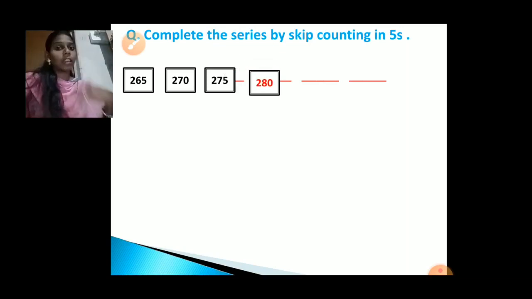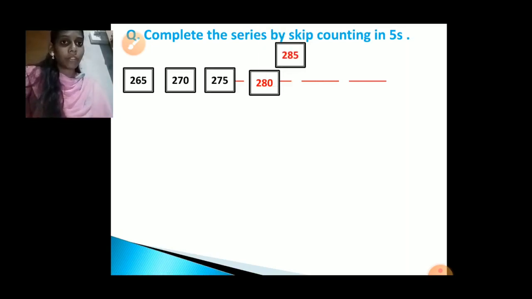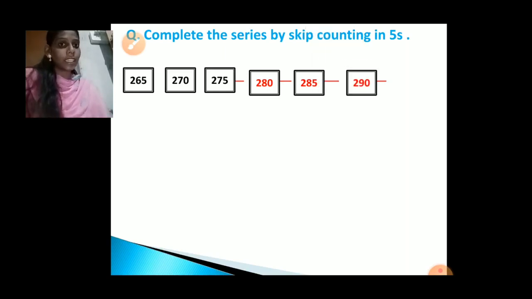Then after 280, again we skip 5 numbers: 281, 282, 283, 284, 285. So after 280 our answer is 285. Now after 285, 290. Very good.